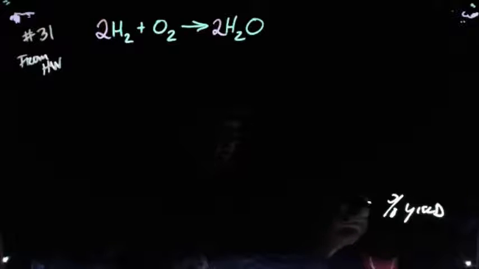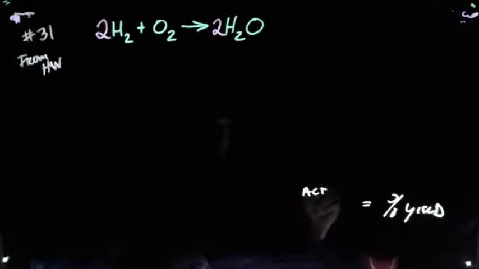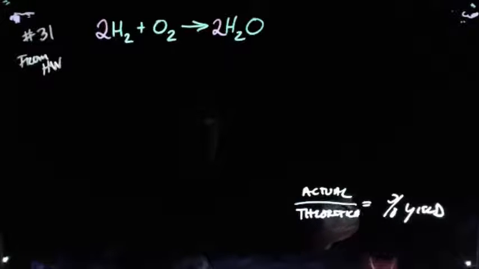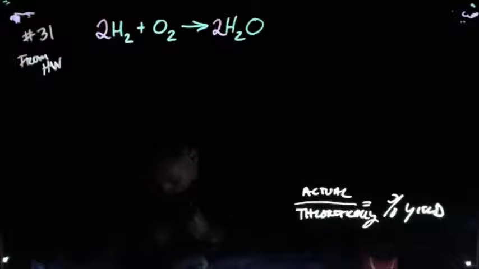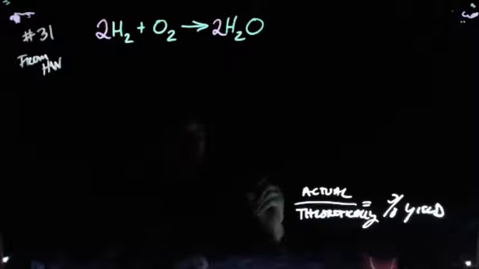So it's a percent yield problem. Percent yield is calculated by taking what is actually produced and dividing it by what could theoretically have been produced based on our initial conditions. The actual amount produced is 3/4 of a gram, 0.750 grams of water.